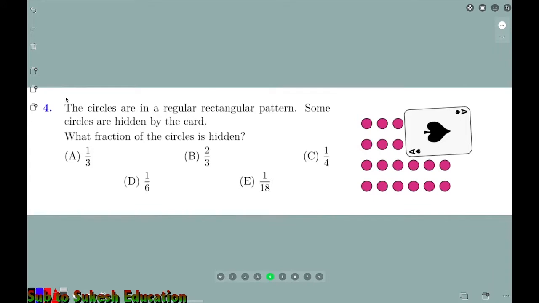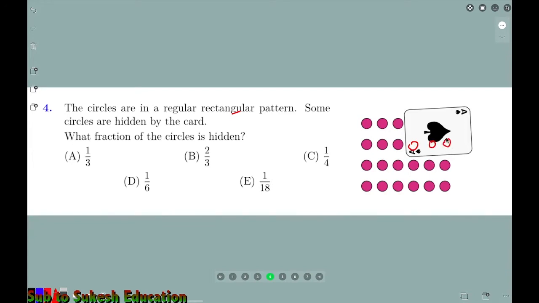Question number 4, they're asking us, the circles are in a rectangular pattern. Some circles are hidden by a card. What fraction of the circles is hidden? Okay, so here we've got to find the fraction of circles that's hidden, right? So let's uncover by drawing the rest of the circles that we can see, because they follow a pattern.